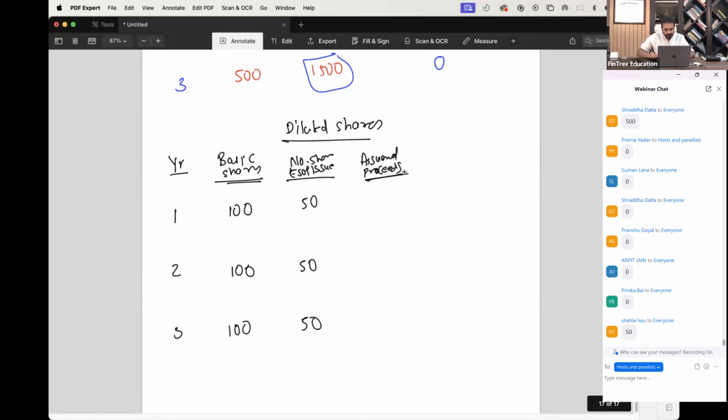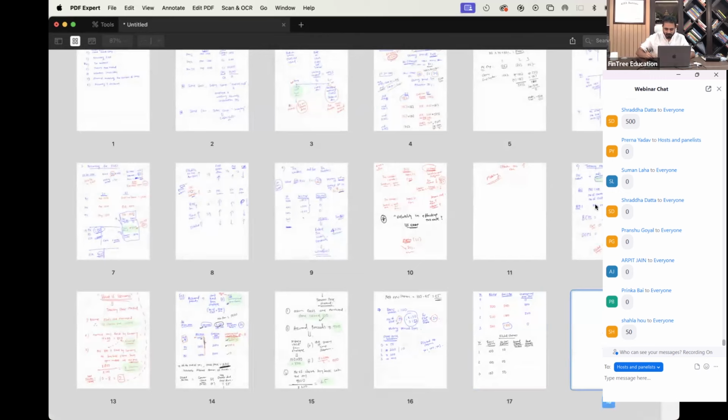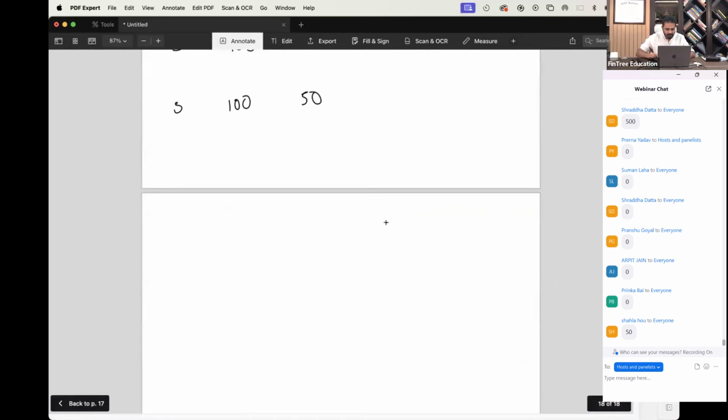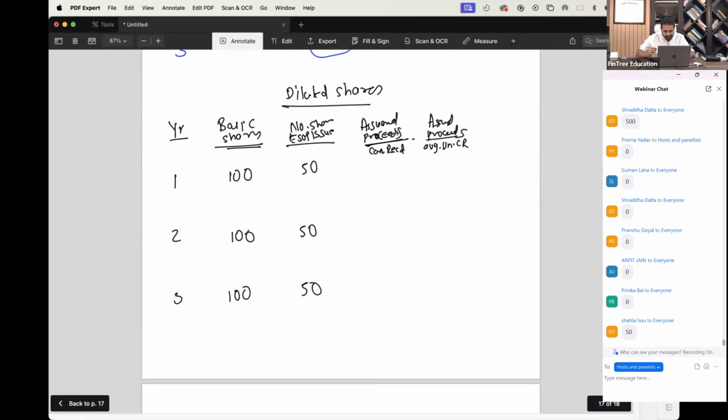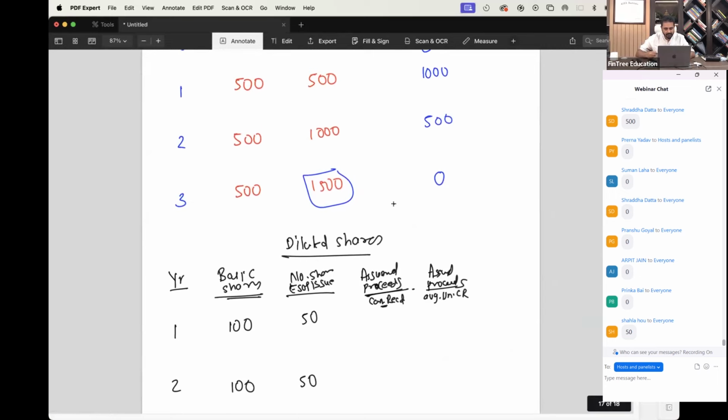Then third, assumed proceeds. In assumed proceeds, we will make two parts. One is cash received, and second is average unrecognized comp reserve. How much is cash received?